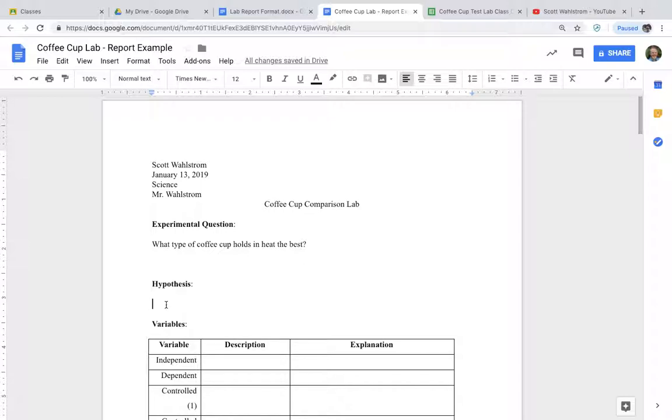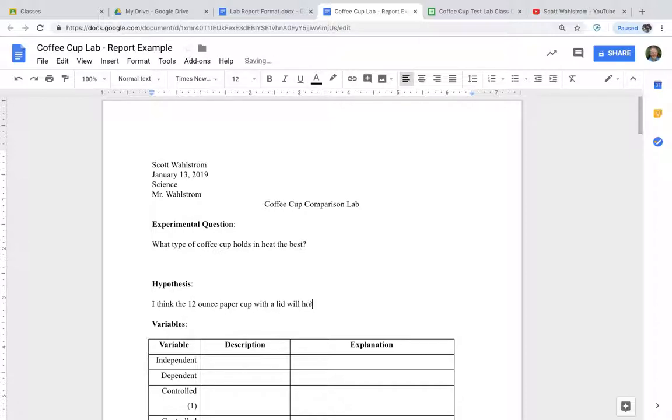So I'm gonna make up a hypothesis. I'm going to just make something that's a little bit ridiculous, but I think the 12-ounce paper cup with a lid will be the best. I don't want to say best. Let's use something a little more specific.